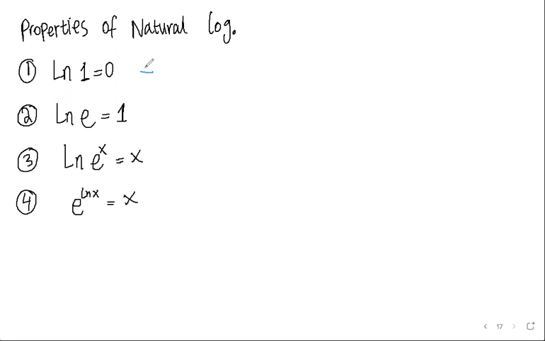I'm going to explain why here. Ln of e is equal to log of e to the power 1. And like I said before, log of 1 to any base is equal to 0. Here it is log of e to the base e, because ln is to the base e, and any log of e to the base e, or a to the a, is equal to 1. That's why ln of e equals 1.